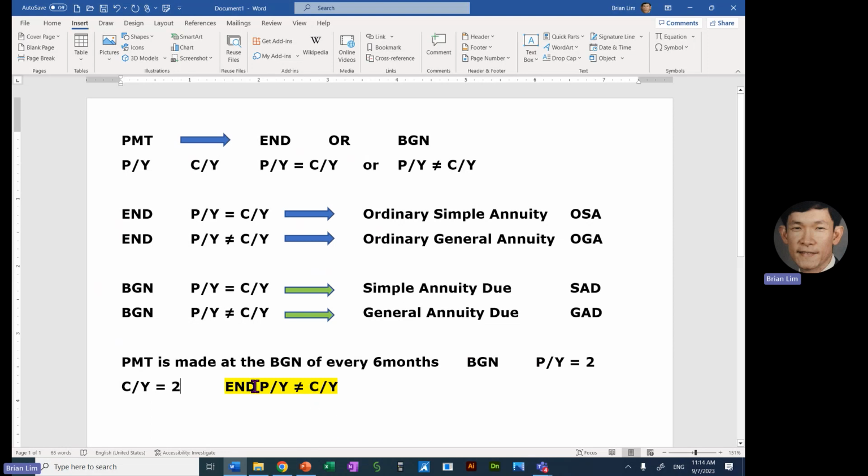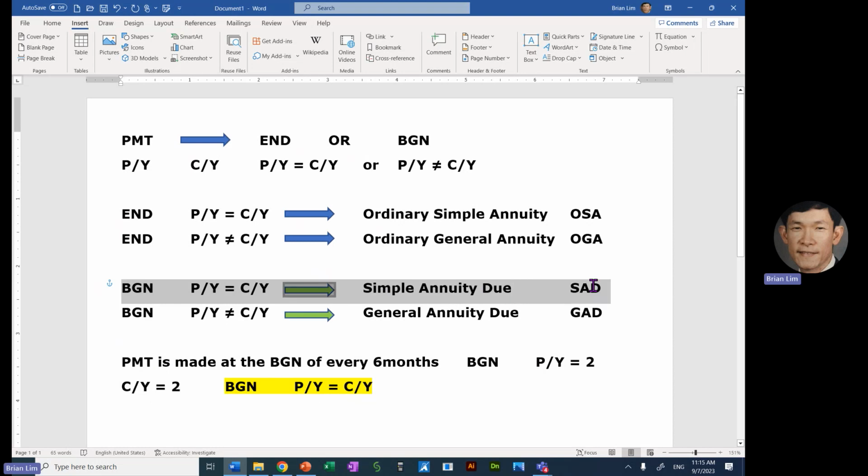And in this case, we delete the end. And we have here that PY is equal to CY, right? Because PY is 2, CY is 2, so begin and PY equals CY. So what do we have?